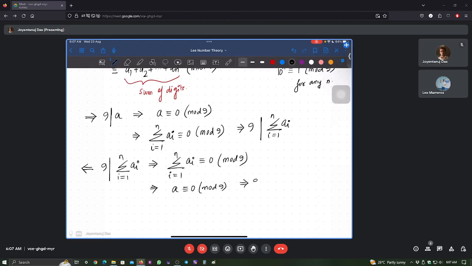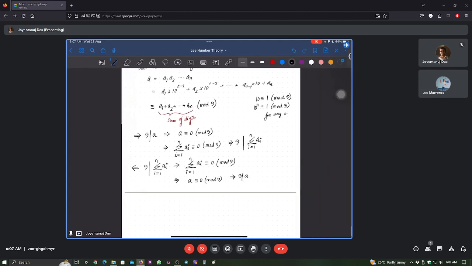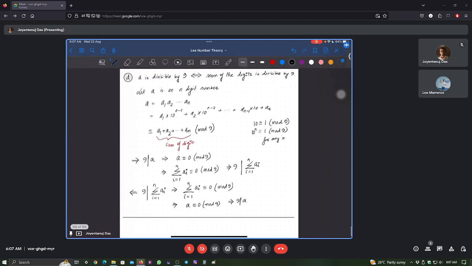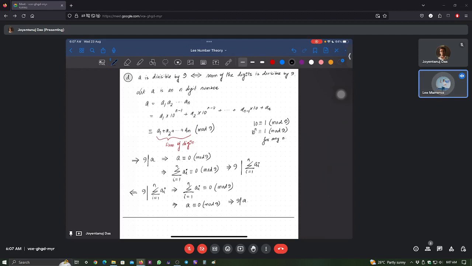So it implies that 9 divides a. So a number is divisible by 9 if and only if the sum of the digits is divisible by 9. You just replace a by the sum of ai. Right.